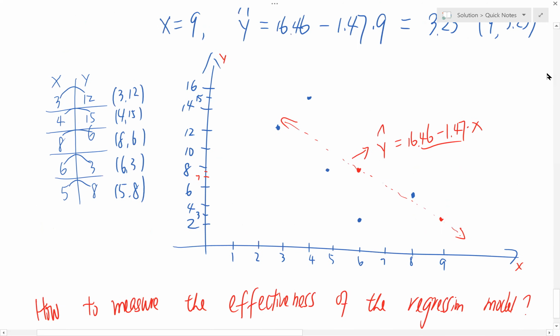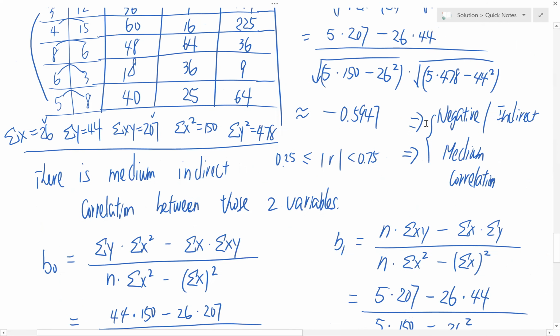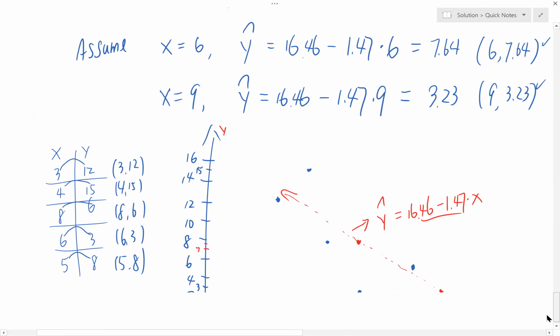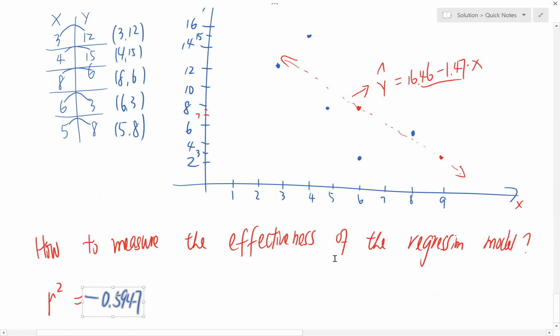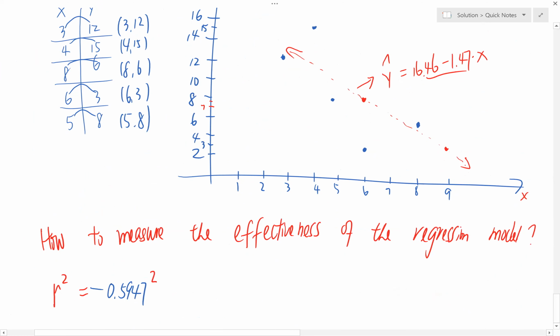In this case, R is negative 0.5947, and you square that. Let's see what that is.